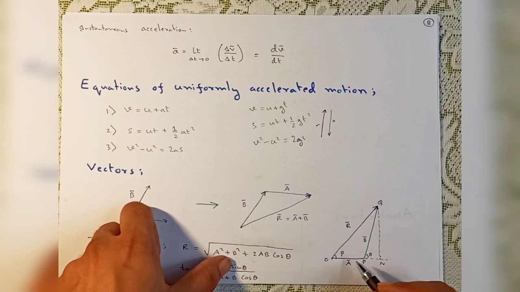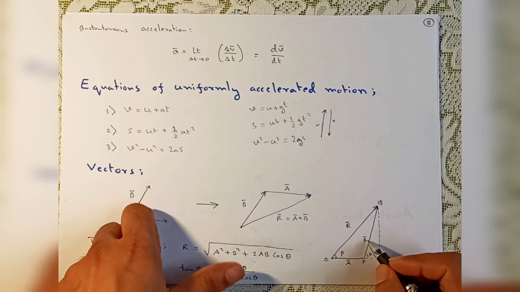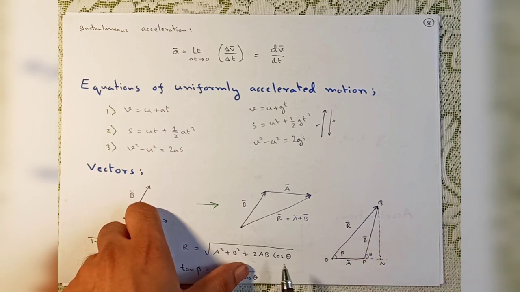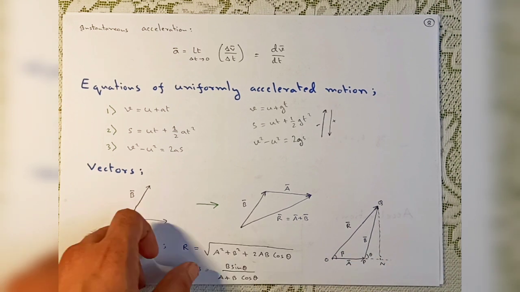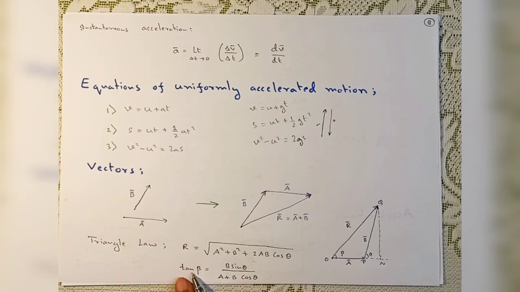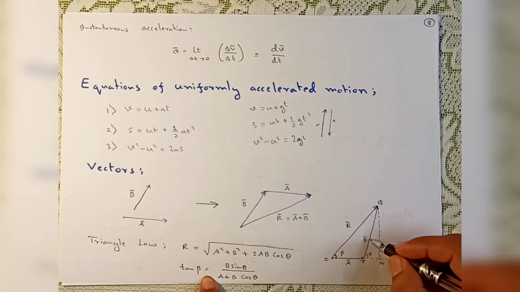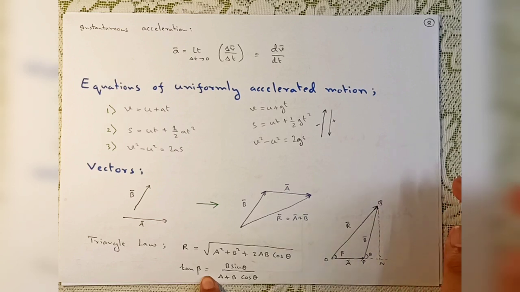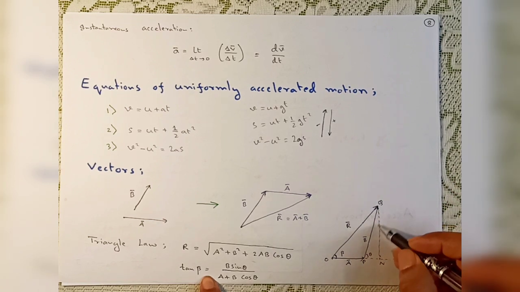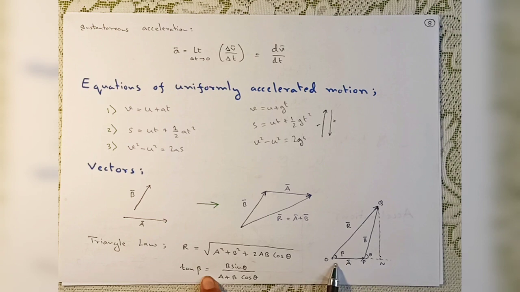Here, angle beta is given by tan beta equals B sin theta divided by A plus B cos theta.